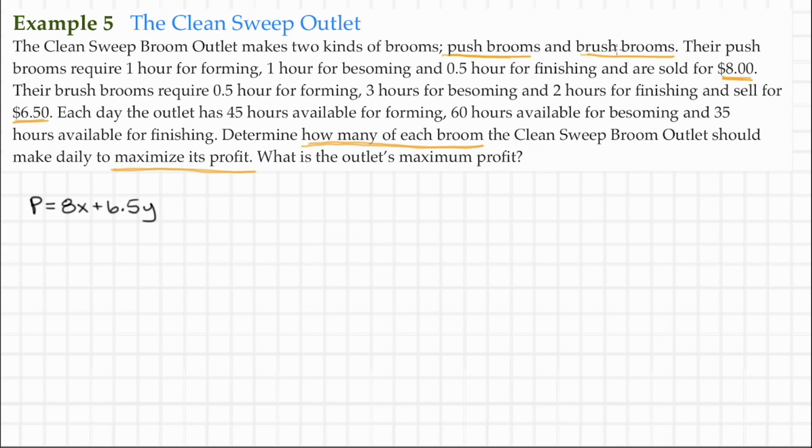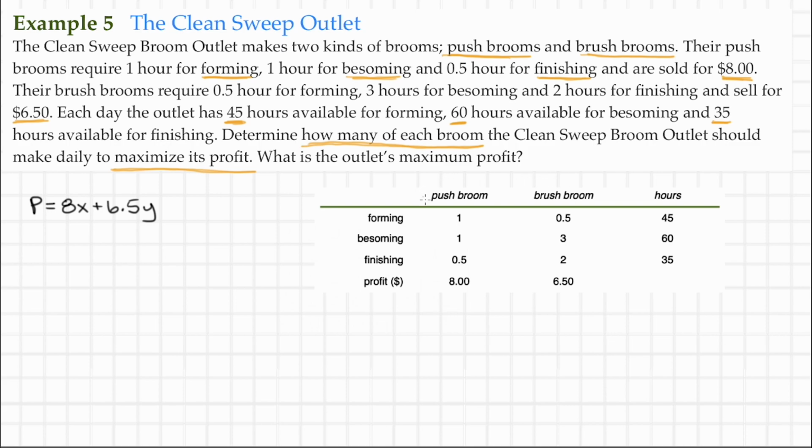Then the rows are the items that interact with the variables: the forming, the besoming, and the finishing. Also in our rows are the totals: 45 hours for forming, 60 hours for besoming, and 35 hours for finishing. So now that we have all those elements, our table should look something like this.